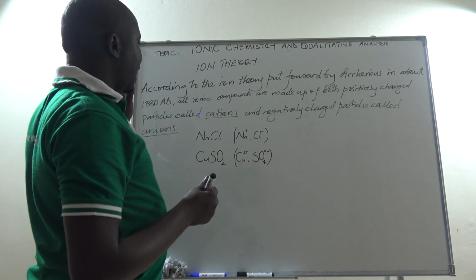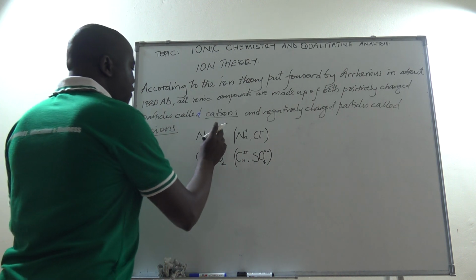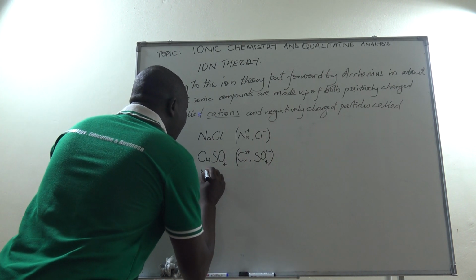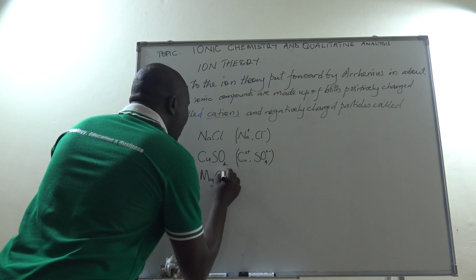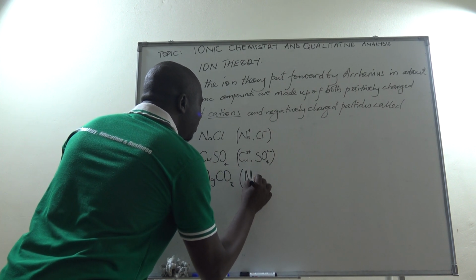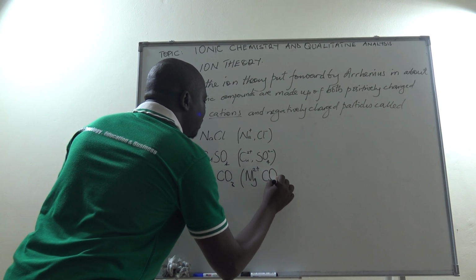So there are so many ionic compounds that we are going to look at. Think of sodium chloride, think of copper 2 sulfate, think of magnesium carbonate, which consists of the magnesium ion and the carbonate ion.